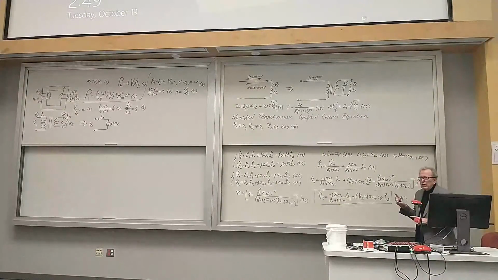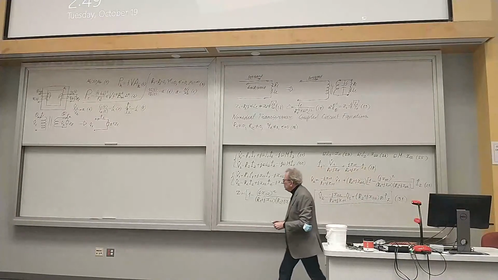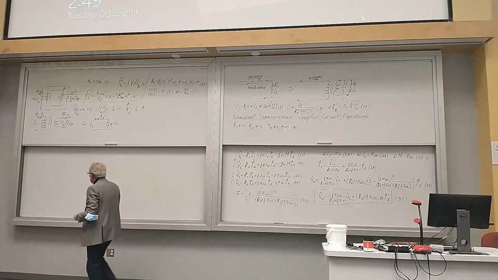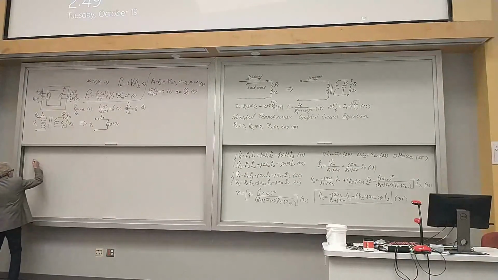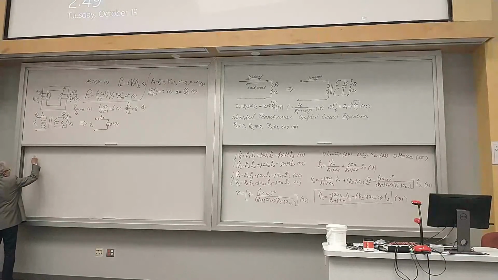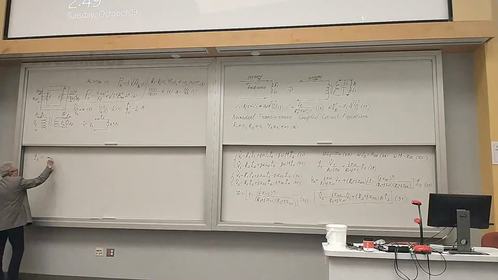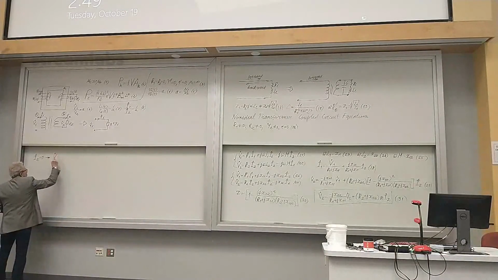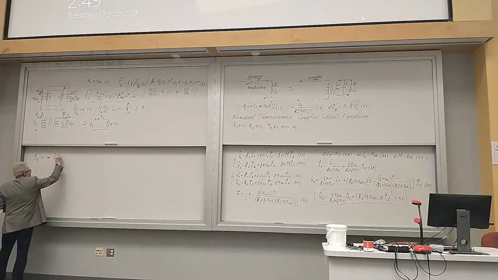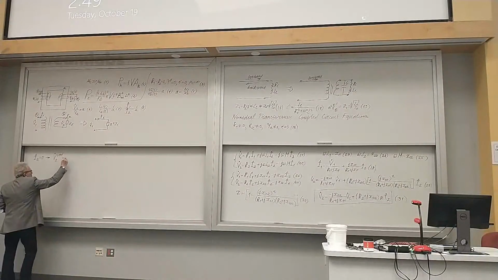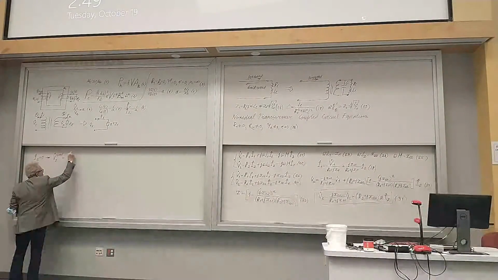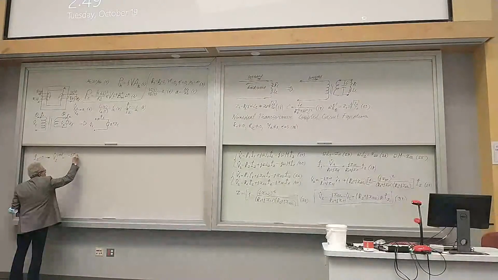If the secondary winding is open, no load, I sub 2 is equal to 0, then in this case the secondary voltage will be given by this expression, by the first term.